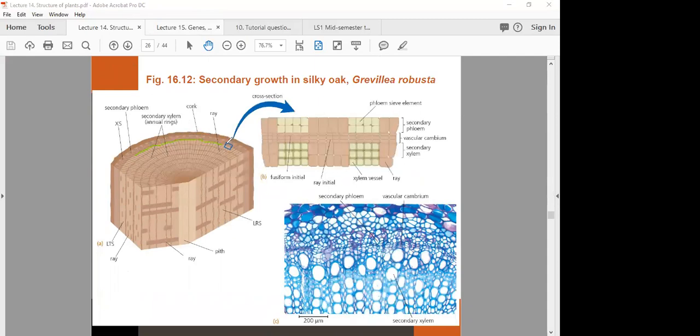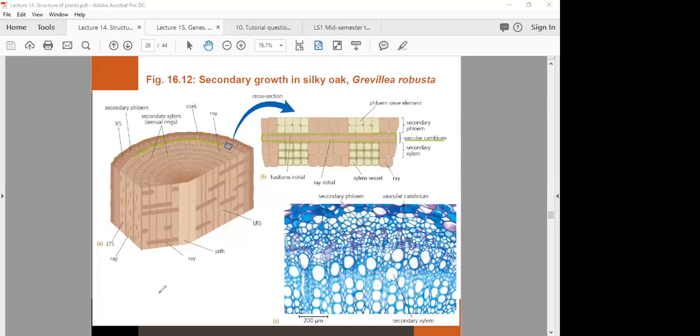If we enlarge this little boxed region here, then this is what we can see, these different cell types here. So let's start with these three layers of cells in the middle here, and they represent the vascular cambium meristem. So remember, meristem cells are undifferentiated cells, just like stem cells.